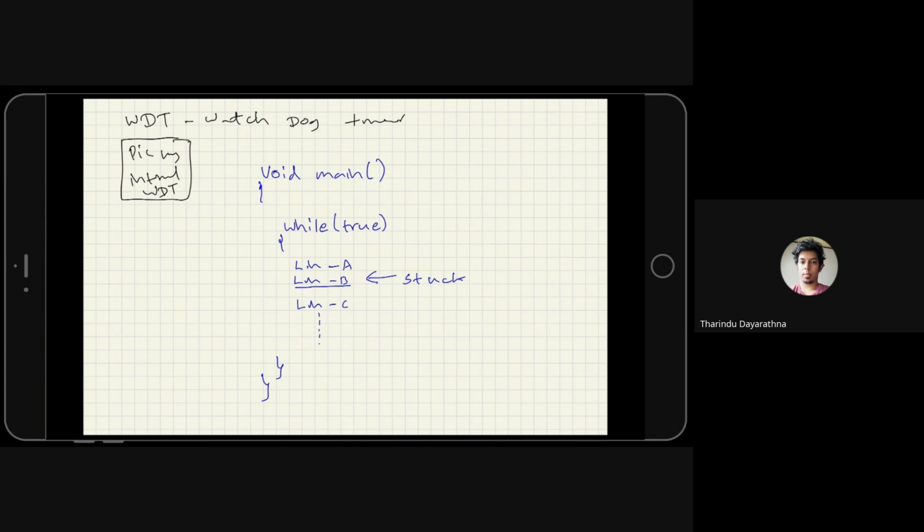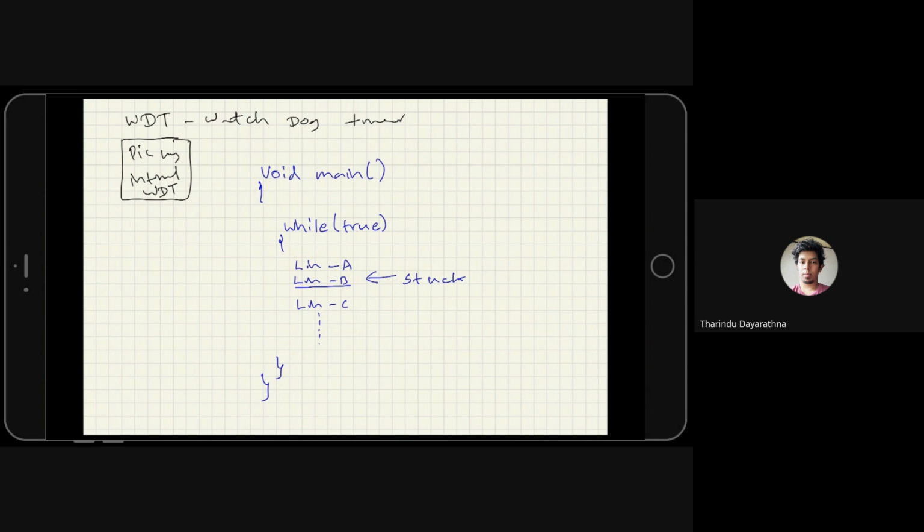But when you do some calculation, let's say some wrong value makes this condition true, which means stuck here. When you get the correct value next time, it will run correctly after resetting. Okay, so which means watchdog timers save the PIC from this kind of stuck case.